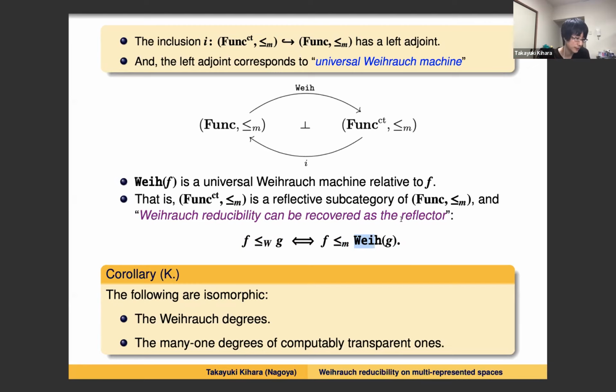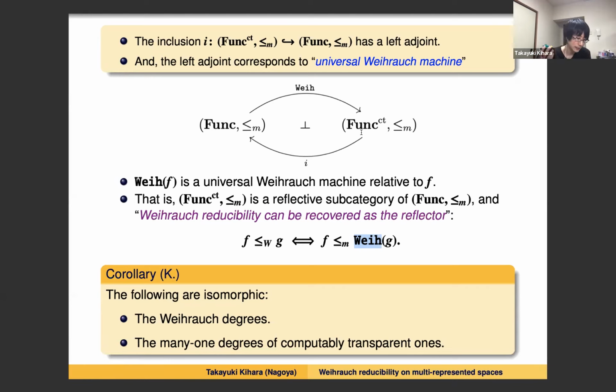Nevertheless, Weihrauch reducibility can be recovered from this generator. This via has no meaning a priori except that it is a left adjoint of the inclusion, something derived by mathematical operations. The via derived by this mathematical manipulation somehow automatically recovers Weihrauch reducibility.